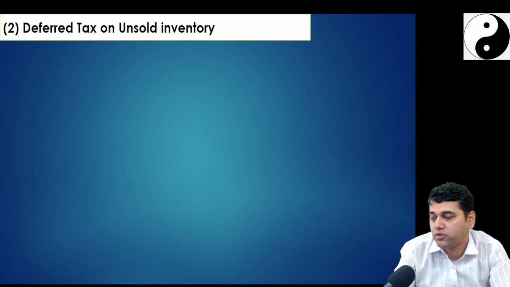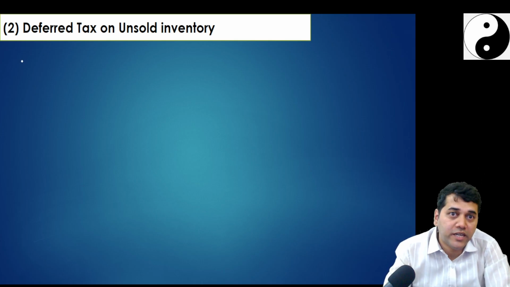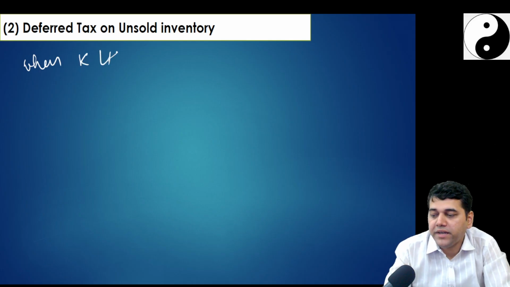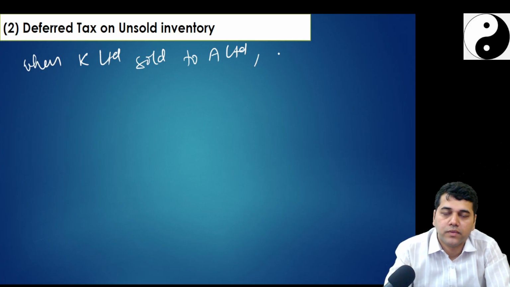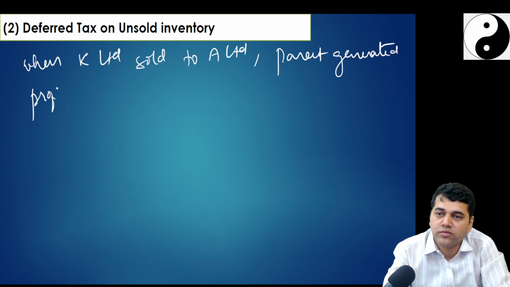Deferred tax on unsold inventory. Now we are talking from the consolidation perspective. Keep in mind, when K Limited sold to A Limited, the parent generated profit, how much?